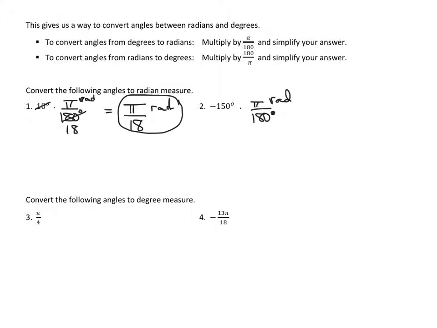So if you notice, we have a degree in the bottom and the top. Those will end up canceling. That leaves us radians. So with 150 and 180, you can cancel out a 30. If you take out a 30, that leaves you a 5. If you take out a 30 here, that leaves you a 6. And we have the negative, so we don't want to forget the negative. So that ends up giving us negative 5 pi over 6. And that's radians.